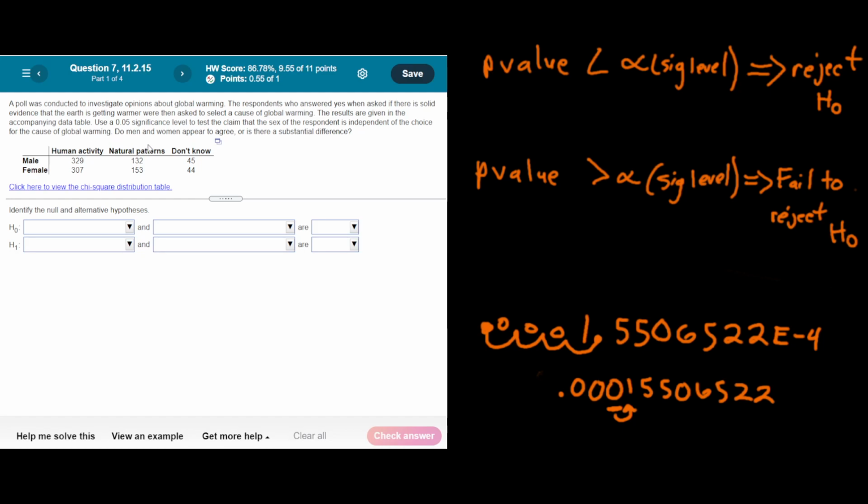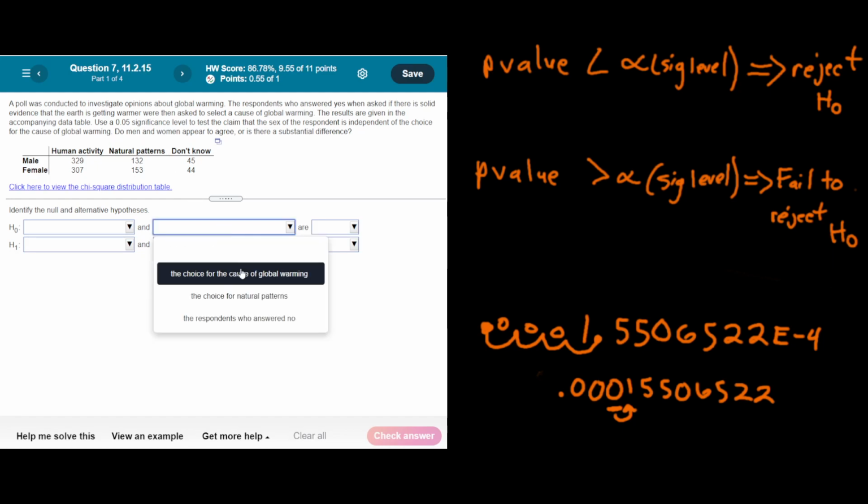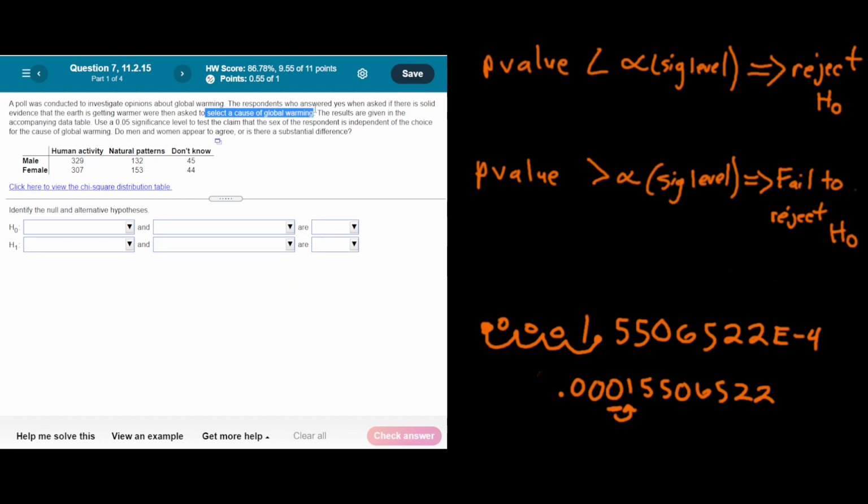Human activity, natural patterns, don't know. Well, let's see the subject matter. We can cheat. We can go down here and see what they're talking about. Cause of global warming. Select the cause of global warming. So it's one of those three. So that's the other category. So you see how I just nitpick and just find what I need and just get out?